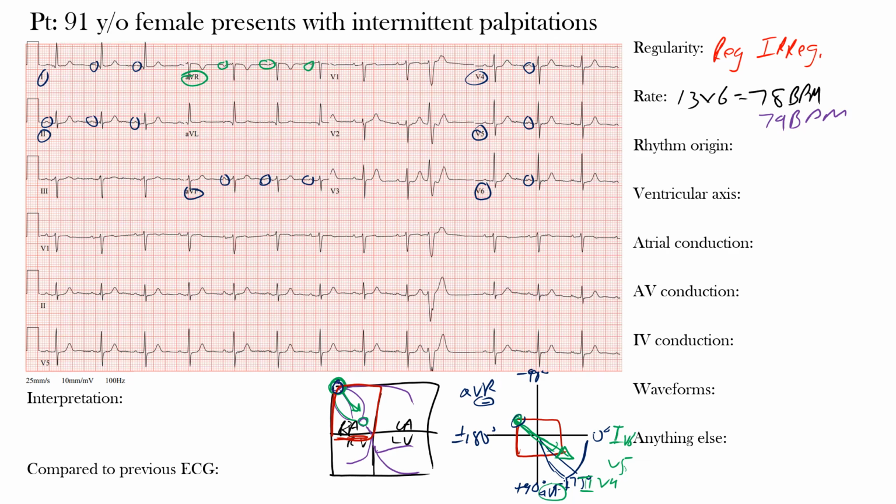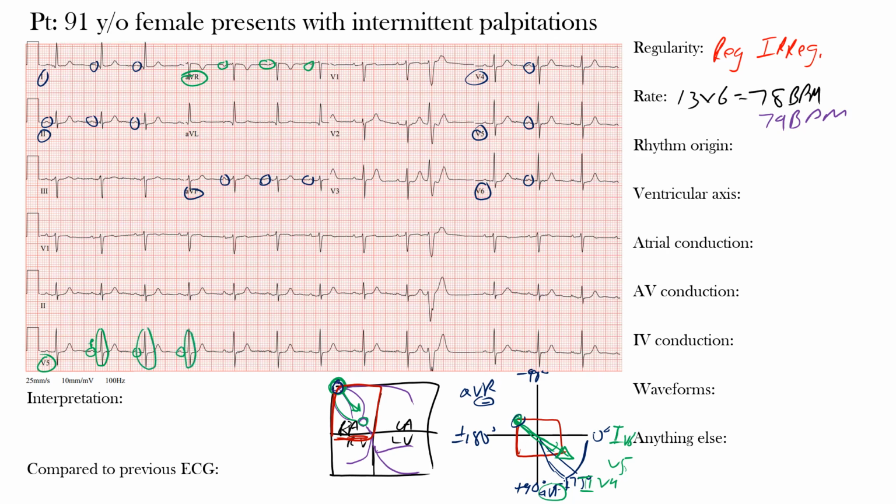So another thing for sinus rhythm to exist is that the P waves have to have that same morphology as we saw, and you want a P wave preceding each QRS complex. And you want to have one P wave for every QRS complex. So again, if we look down here, we can use this V5. So here's a P wave, and then here's our QRS complex, P wave, QRS complex, P wave, QRS complex.